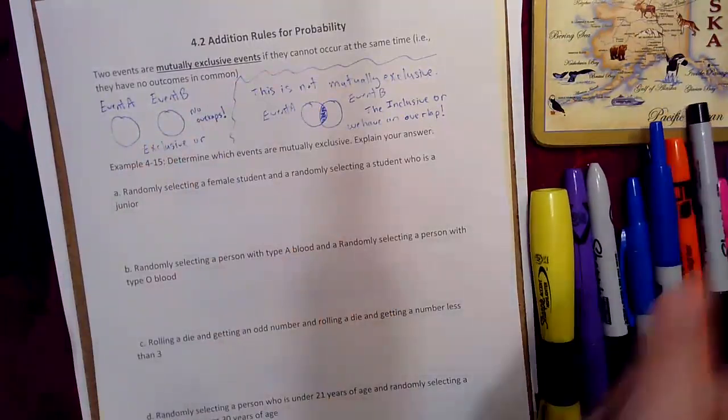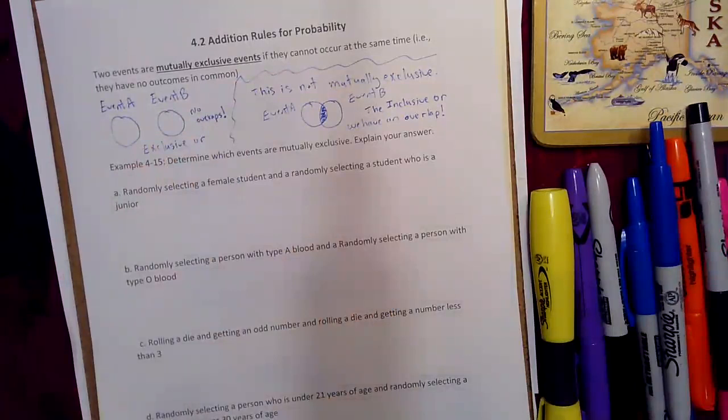Okay, then they have other examples here. Determine which events are mutually exclusive, and then they want you to explain your answer, justify your answer. So we have randomly selecting a female student and then also randomly selecting a student who is a junior. So you have to think, could that happen at the same time? Could you pick someone who happens to be a female and a junior, a female junior? And yeah, that could happen.